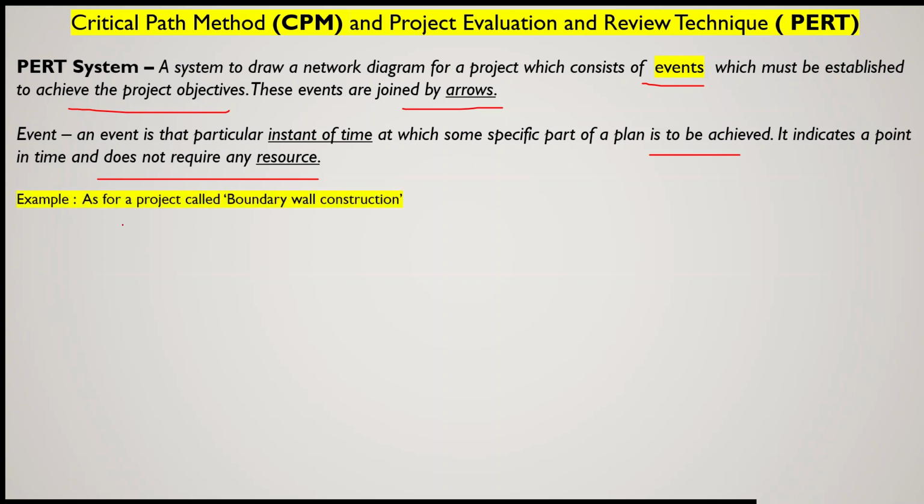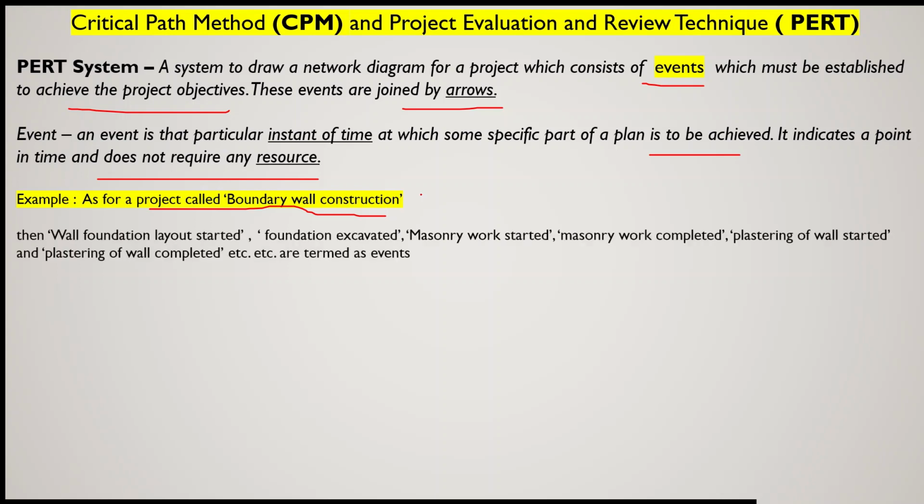Now let us take a very simple example for a project called boundary wall construction. If you are to construct a boundary wall, that will become a small project, and for this, how to draw the network and what are actually the events in this? So then we will say wall foundation layout started.